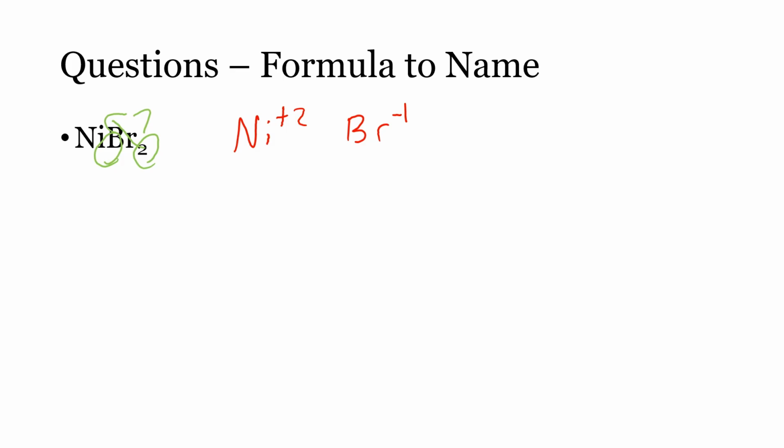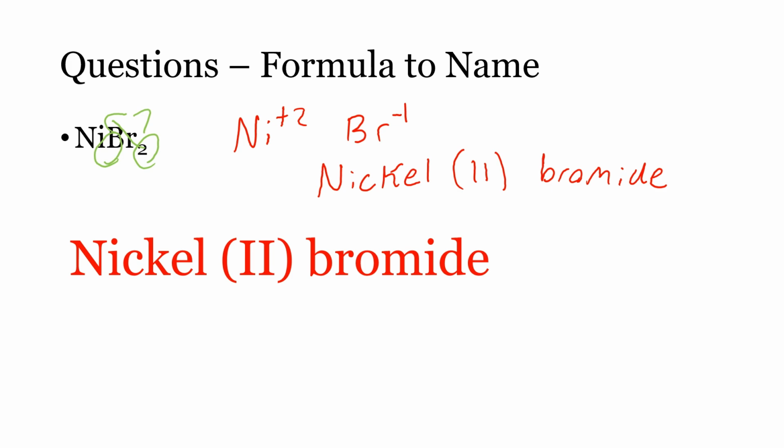Our Ni is going to be nickel. The Roman numeral for 2 is just 2 I's. And then our bromine will become bromide. So nickel(II) bromide is going to be the name of this compound. And that is going to be how we take a look at our nomenclature whenever we have a transition metal for an ionic compound.